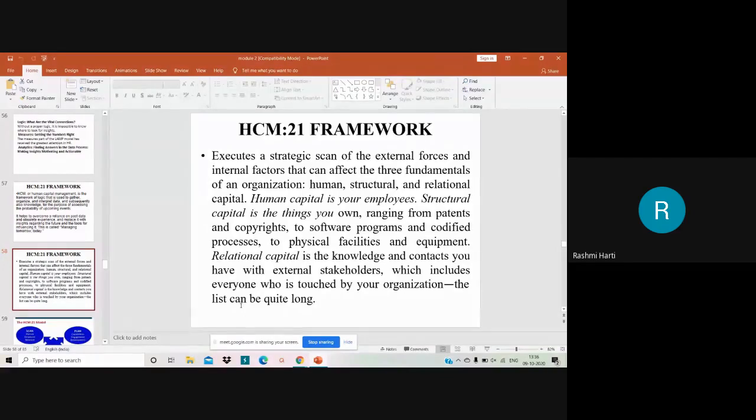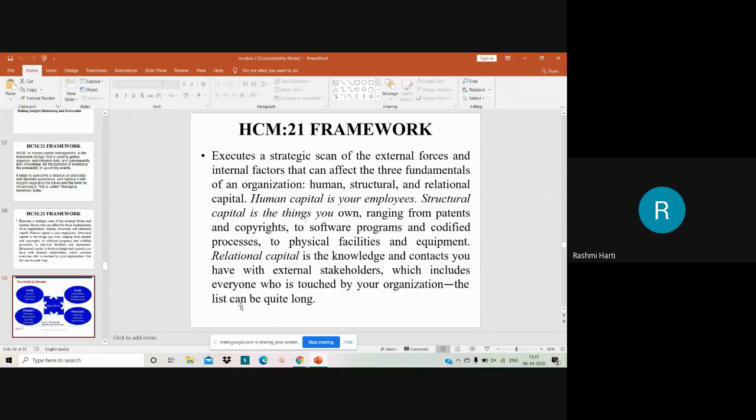Structural capital is the things you own, ranging from patents, copyrights, software, codified processes, physical facilities, equipment, etc. And relational capital is the knowledge and contacts you have with external stakeholders, which includes everyone who is in touch with your organization. So the list can be quite long. Okay, so this affects these three areas, that is human, structural, and relational. Okay, so this is nothing but the HCM21 model.